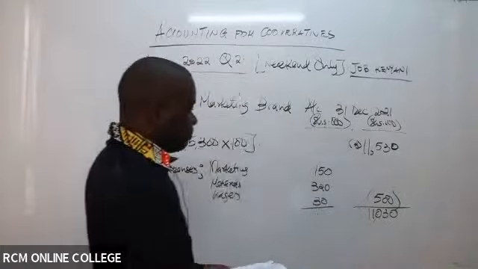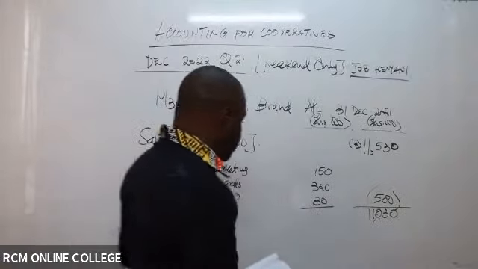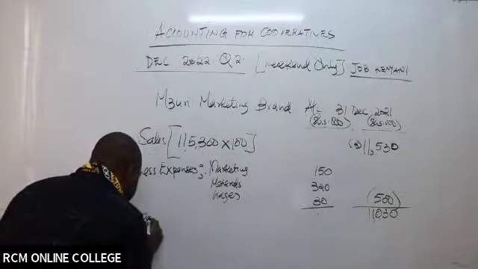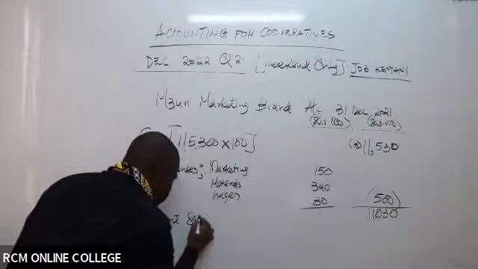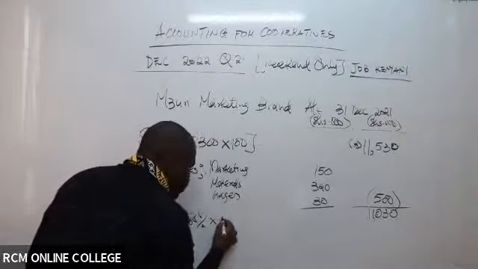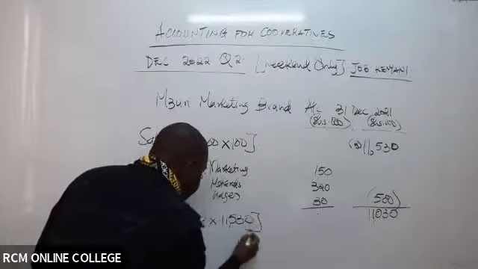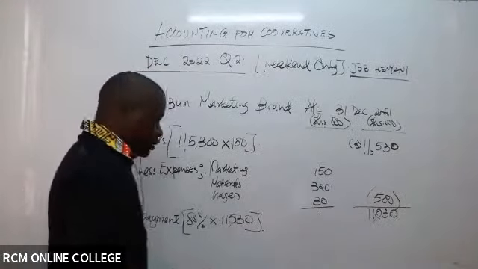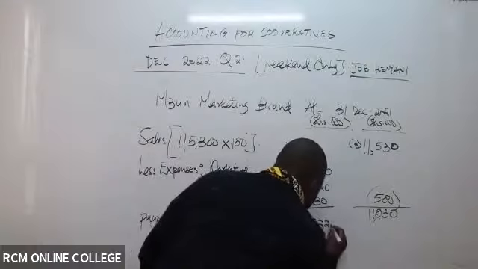But remember, out of the sales, these ones take 80%. They actually take 80%. So the payment due to members will likely be 80% of the sales, that is 11,530,000, which I think will be 92,240 from Gitari, 92,240.